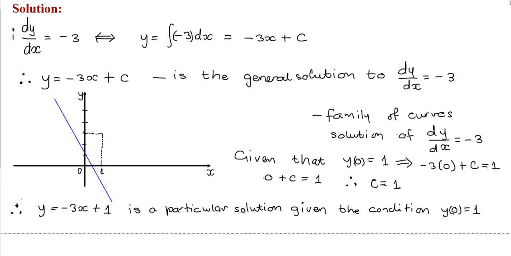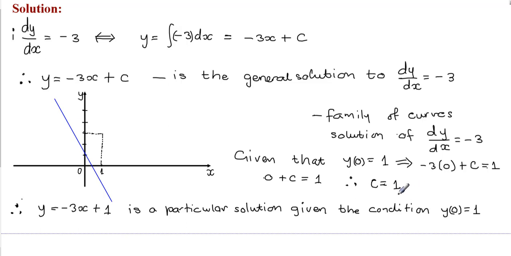Next, moving forward, we can pick one of them, and if we want to get only one of these functions, we need to give a condition like we have got here: given that y at 0 is equal to 1, then we substitute x by 0 in this expression and get an equation in terms of c, which we solve, seeing that c is equal to 1.